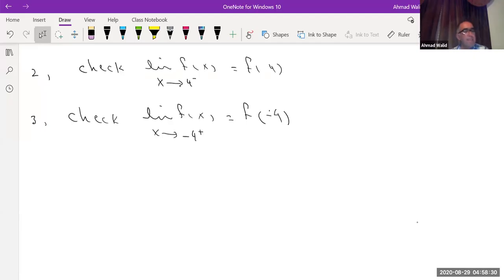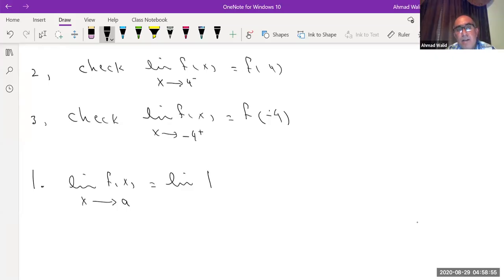Look here. Let's start with number one. When I am writing the limit of f of x as x approaches a, it means, in this example, the limit of the square root of 16 minus x squared as x approaches a, because your f of x is this function.